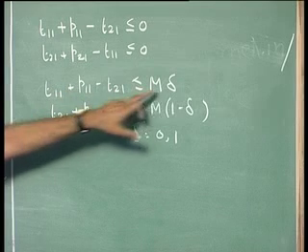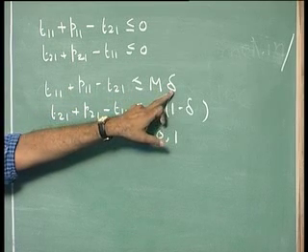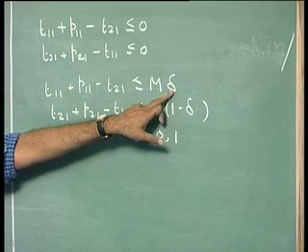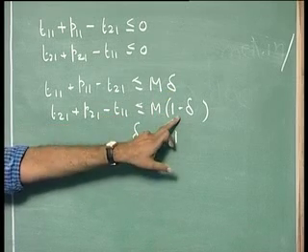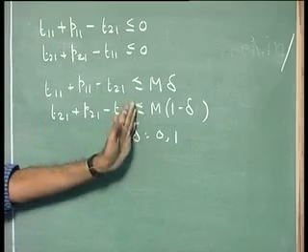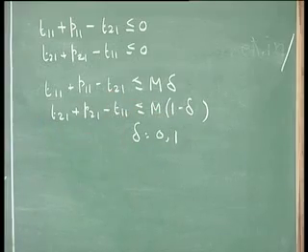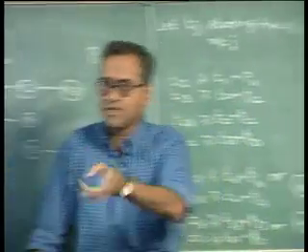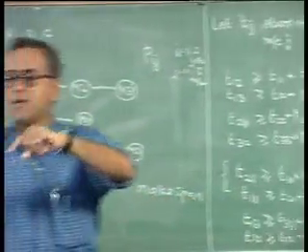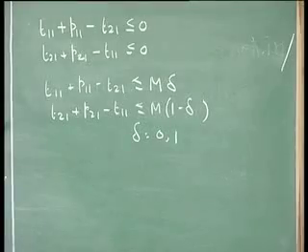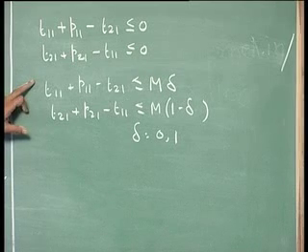So, your delta will take a value 0, and if this is binding, delta will take a value 0, which implies this is redundant, 1 minus delta is 1, so it is a redundant constraint, less than or equal to M is a redundant constraint. If on the other hand the other one is advantageous to you, then delta will take a value 1 to make this binding and make this redundant.